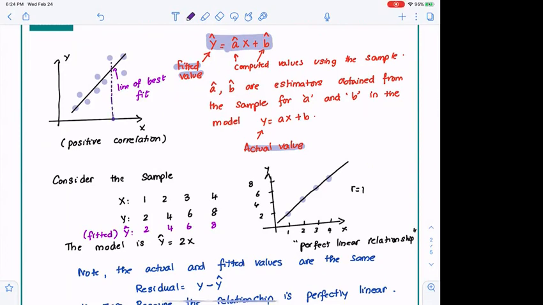I'll just call it x7. It's the seventh observation that I see. So the actual value here is x7, y7.